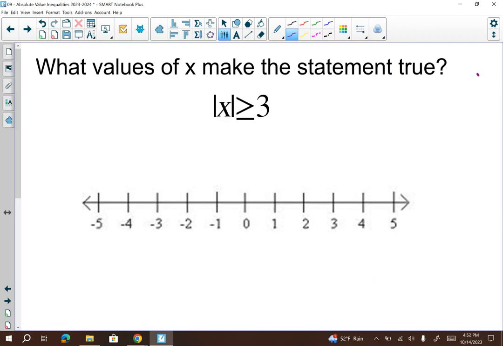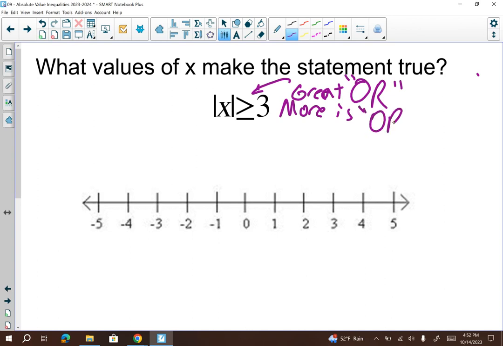So here we have absolute value of x is greater than or equal to 3. So I see a greater than, and I think to myself, great, and I know this isn't how it's spelled, greater. So that's or more than, I think more is or.